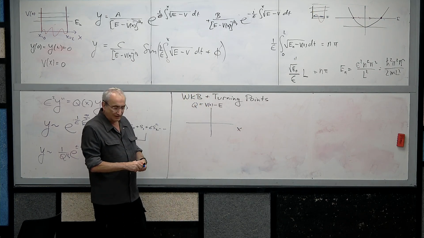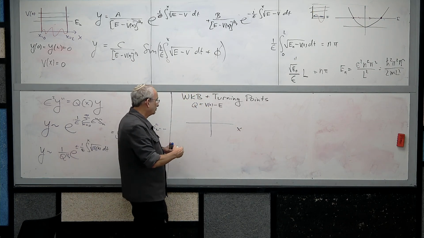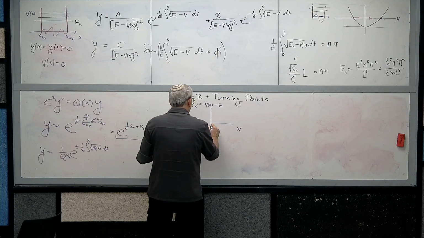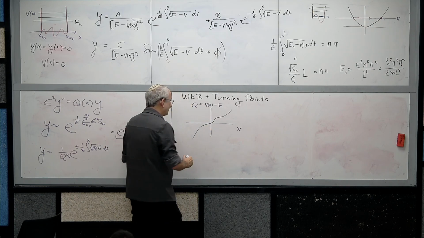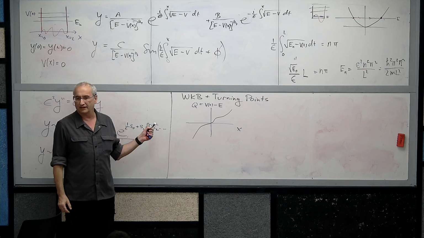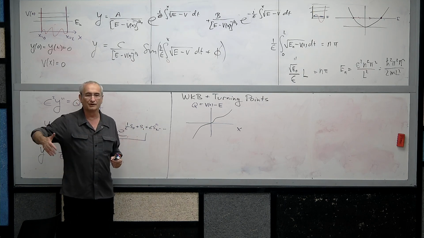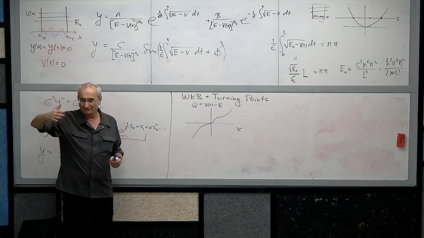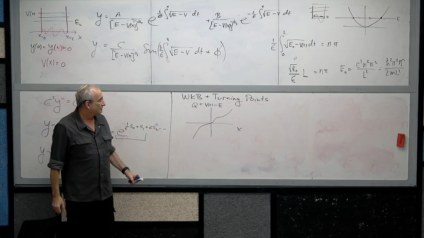And I will be nice to myself, and I will do that such that the turning point, which is a point where Q is 0, is exactly at x equals 0. Later we will move it to a. But for the moment, we have a turning point.